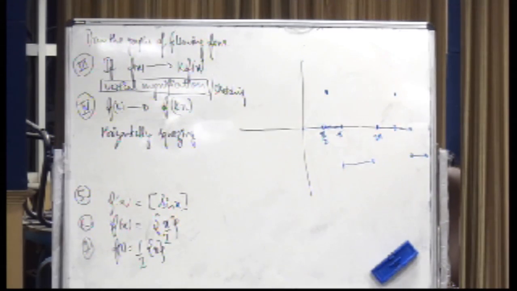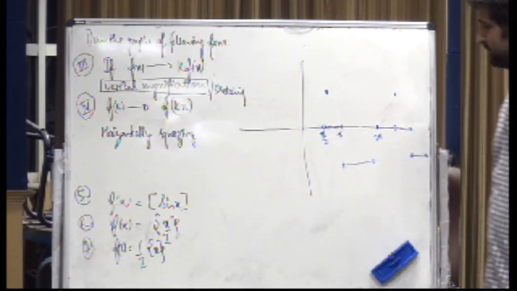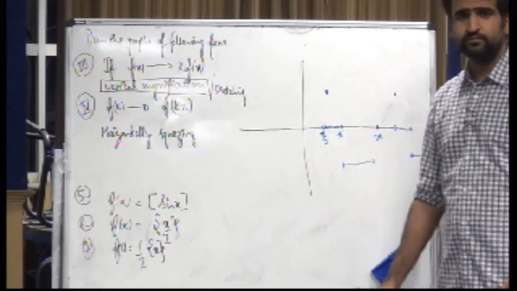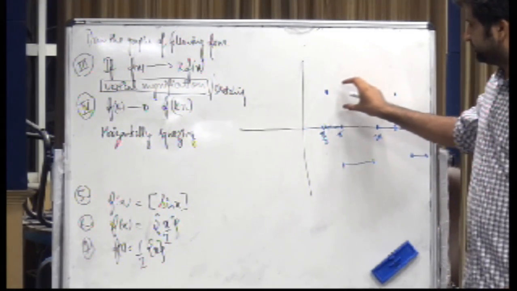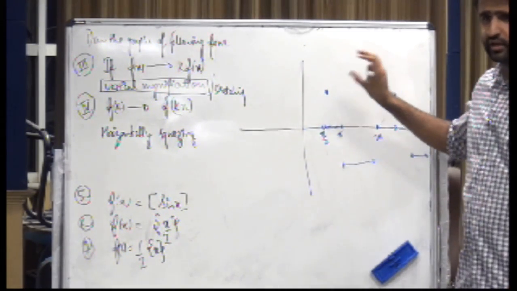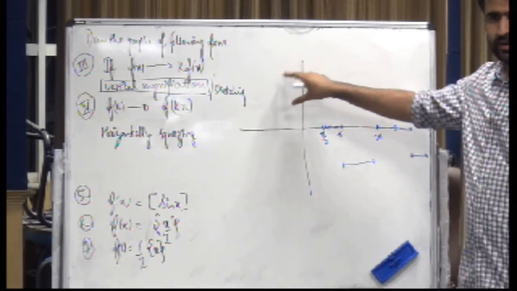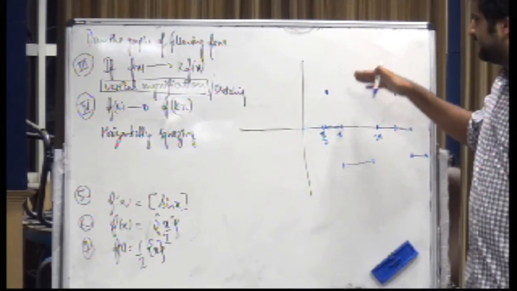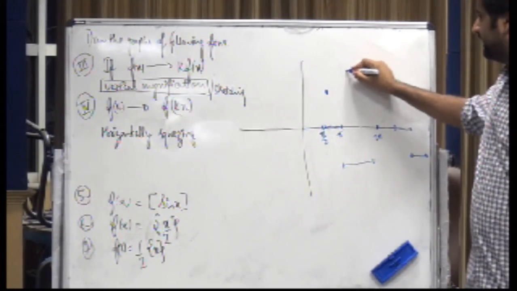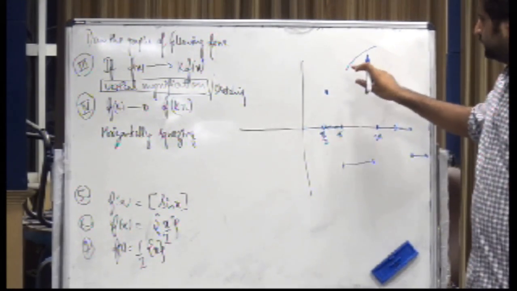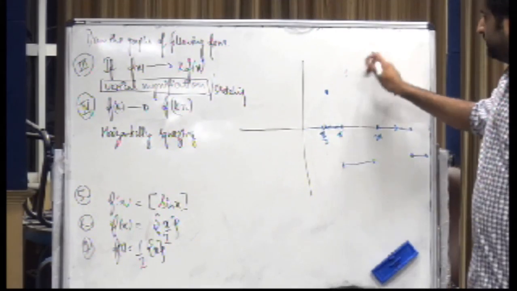So for any such graph where you have the greatest integer function, just check in which two integers' interval your value is lying. Like if it is lying between 2 and 3, then throughout this region the value will be 2.